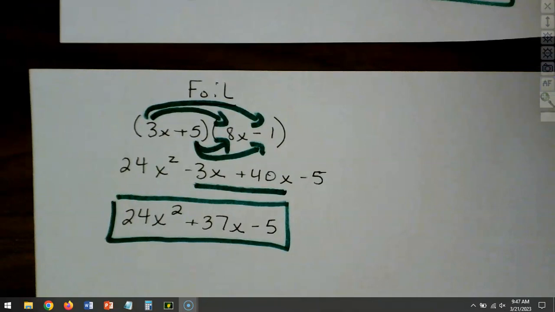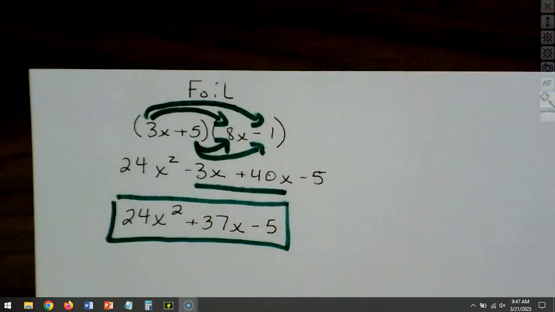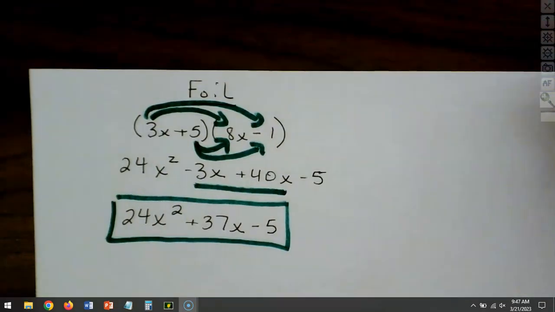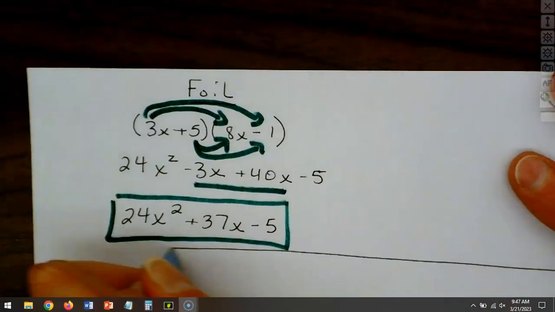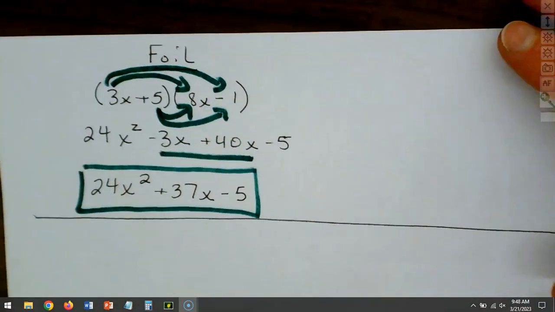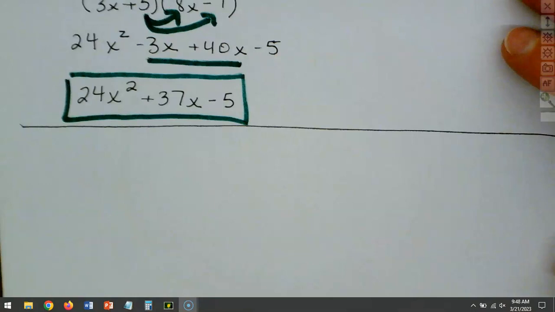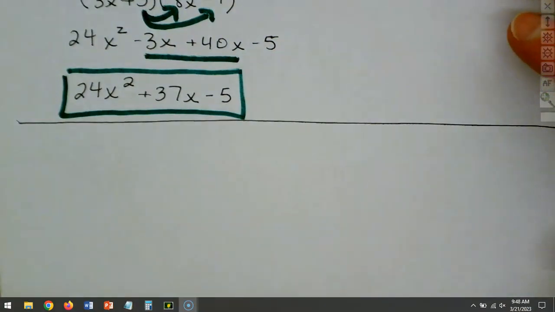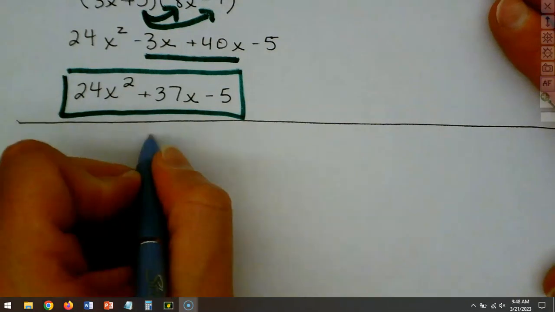You're going to be foiling a lot, so we need to make sure that we're comfortable with foiling. So we're going to do a couple more of these, and then we'll learn another technique when there's more than just 2 terms and 2 terms. Let's do another one.